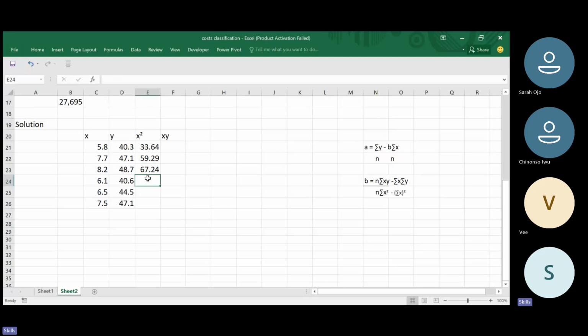Then we have 6.1. 6.1 by 6.1, we'll have 37.21. Then we have 6.5 squared, which is 42.25. Then we have 7.5 squared, which is 56.25.